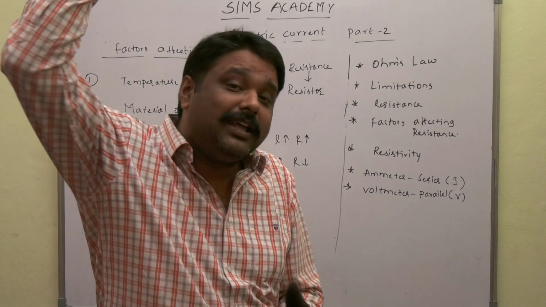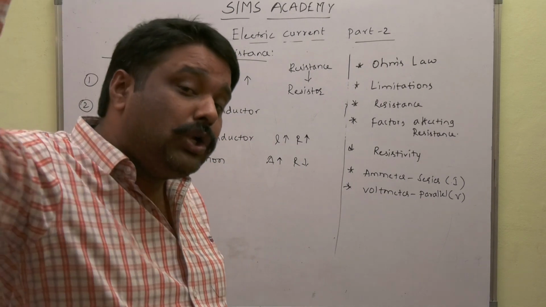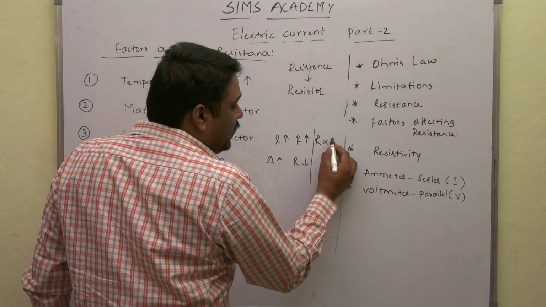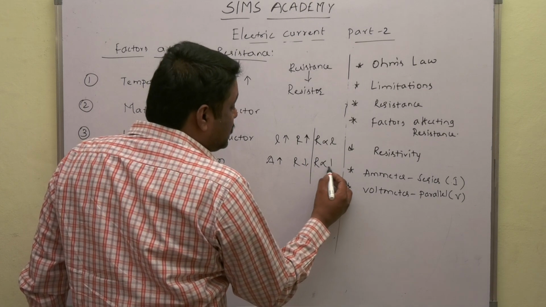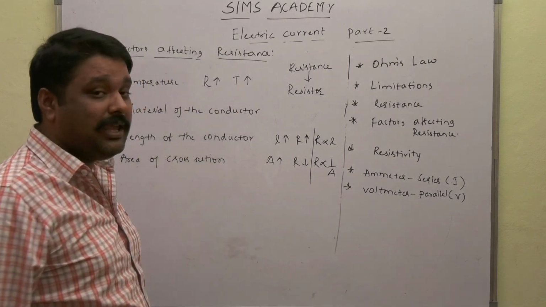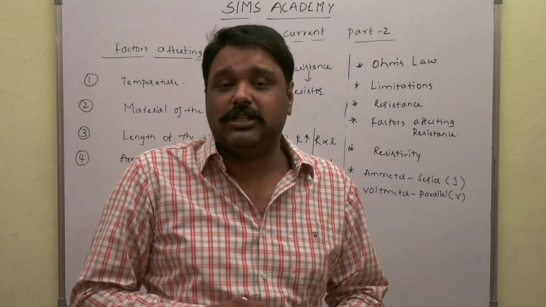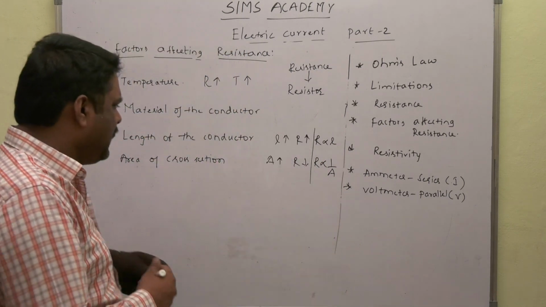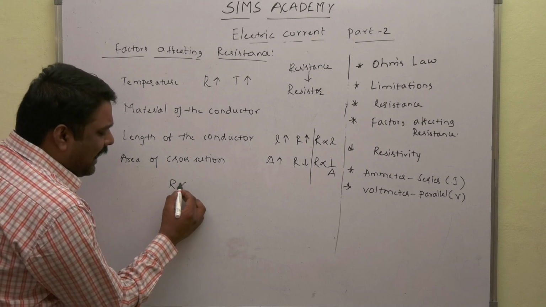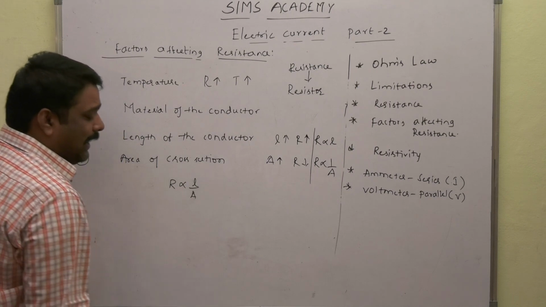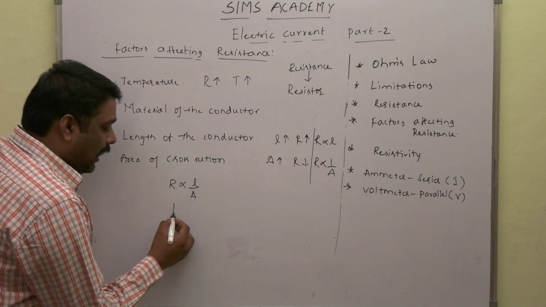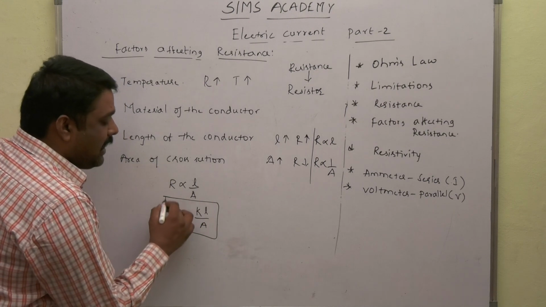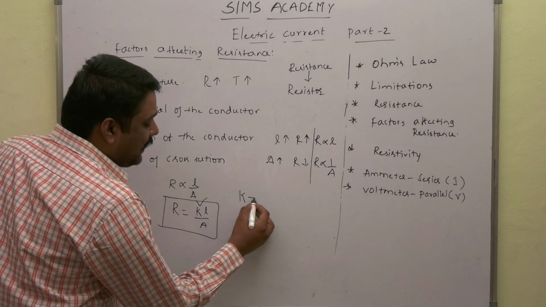If the length of the conductor increases, its resistance also increases. That means for a given temperature, the resistance is directly proportional to the length. The resistance is proportional to 1 by A. That means the resistance is inversely proportional to the area of cross section of the conductor. Hence, by combining those two, I can write R proportional to L by A, or R equals some constant into L by A. Now what is that constant called?